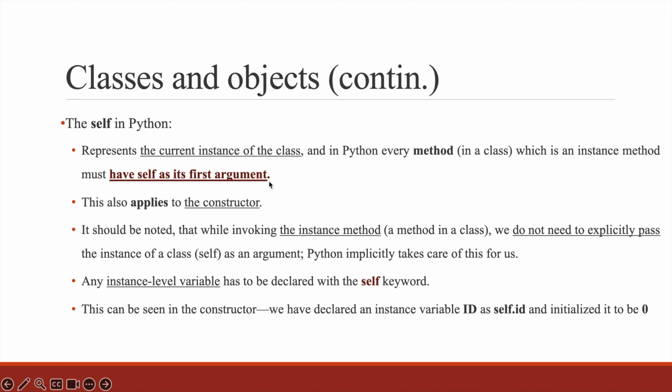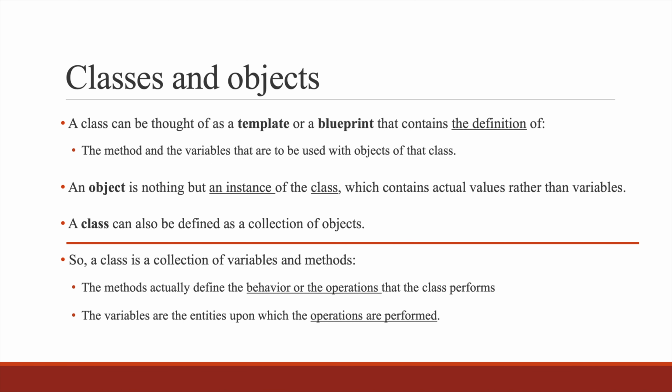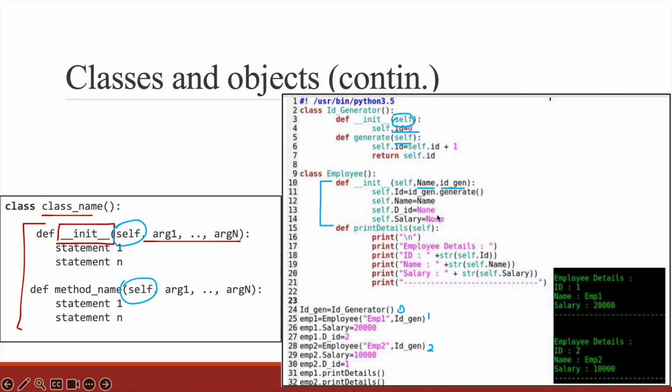So this applies to all methods and also the constructor. It should be noted that when we invoke this method, we don't need to explicitly pass the self. This will be handled implicitly by Python. So what that line meant is that we need to define self when we define those methods.